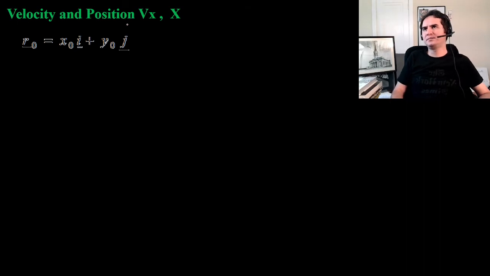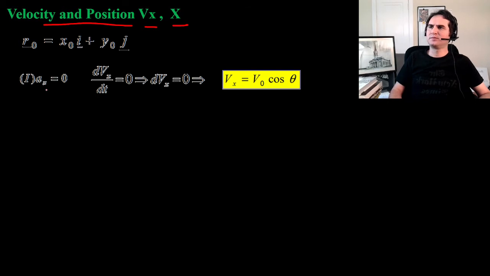So velocity and position, vx and x in the x direction. So r naught is equal to x naught i plus y naught j in 2D space. For the first part, ax goes to 0, so the variation of velocity in the x direction over time is 0. The variation of vx is equal to 0, and we know the x component of velocity is v naught cosine of theta, based on the configuration of the ball.